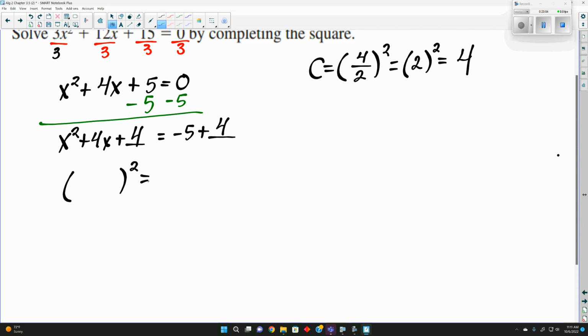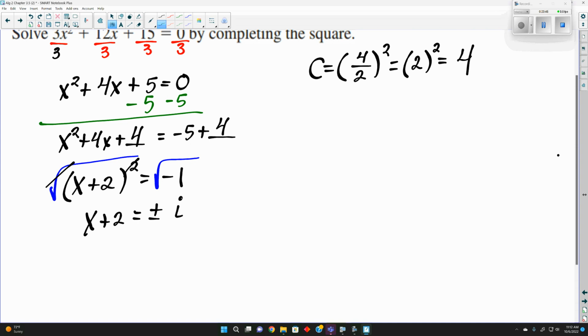Which brings us to our last step, to factor and solve. So inside the parentheses we have x plus 2, because what was inside the parentheses before we squared it was a positive 2. So we have plus 2 equals negative 1. Solve. Square root both sides. Which tells us that x plus 2, because these 2 cancel, equals plus or minus. What is the square root of negative 1? It's i. Because by definition, i is the square root of negative 1.